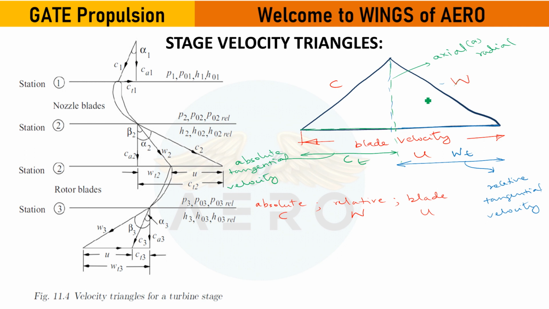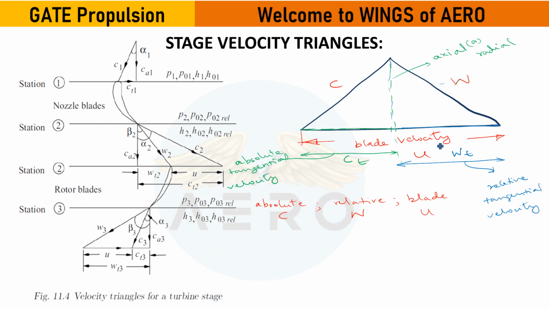See, as it is on the side of absolute, it is going to be absolute. This is the side of relative, so everything is going to be relative. As simple as that. Clear? Thank you for identifying it. This is the absolute one and this is the relative tangential one.